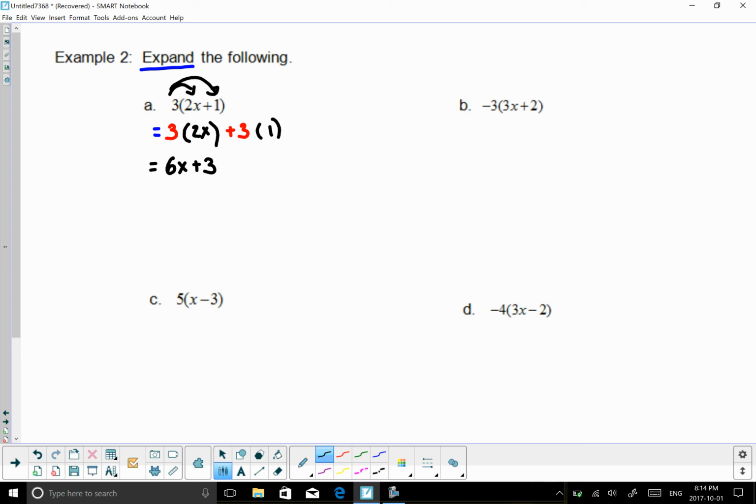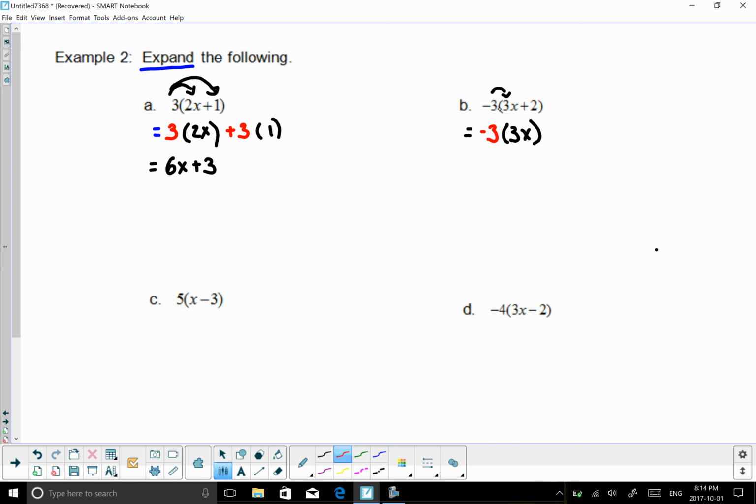Now if you look at b, I'm going to do negative 3 times 3x. Remember, any time you fall behind in copying, you can just pause. So negative 3. The sign stays with the term. Times 3x.